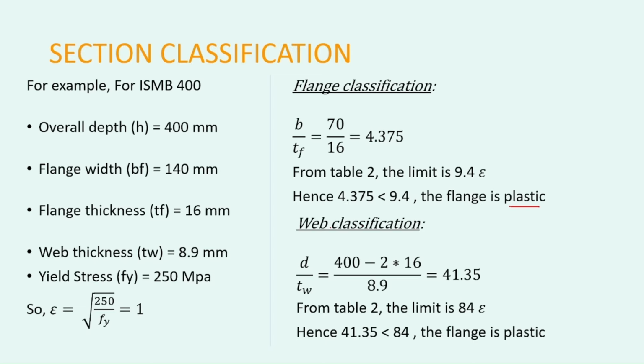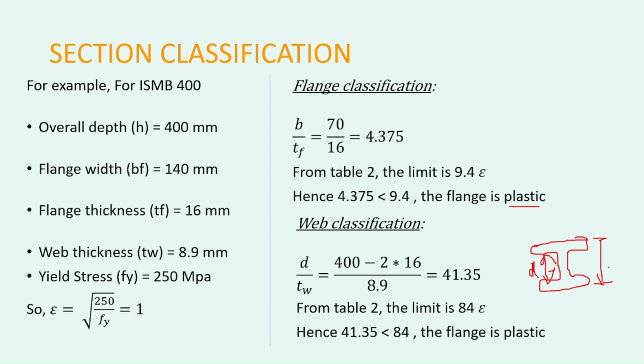Similarly, we will categorize the web. For web, we need to check the ratio of D by TW. What is D? You can again see from that figure. If this is my I section, D is this one. How to calculate this D?